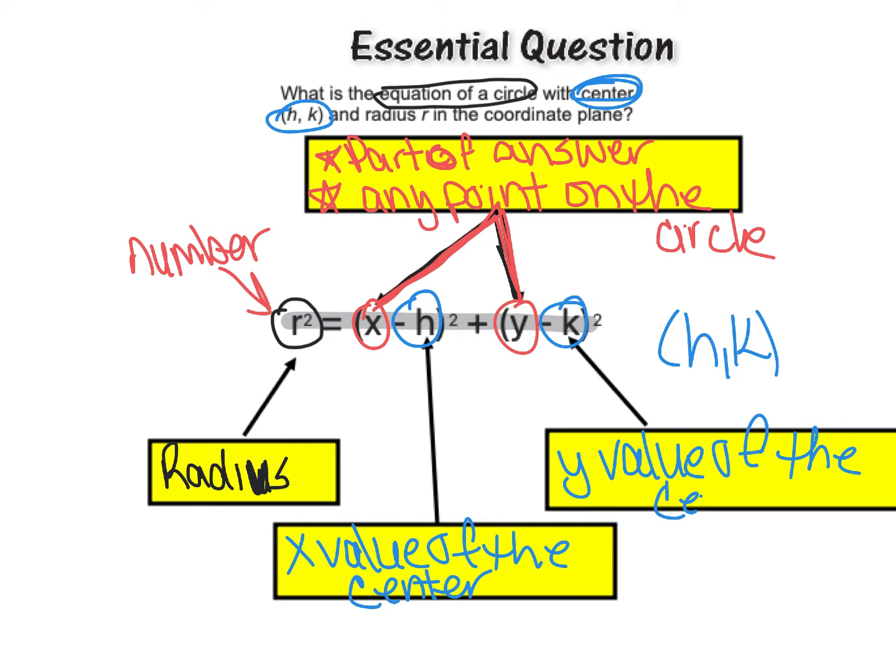That center just tells us where it's at on a coordinate plane. If the center is at (0, 0), it's at a certain part of the coordinate plane. If the center of the circle is way out at (100, 250), it's going to be way over on the top right. So the center tells us where it's at on the coordinate plane, and the radius tells us how big it is.